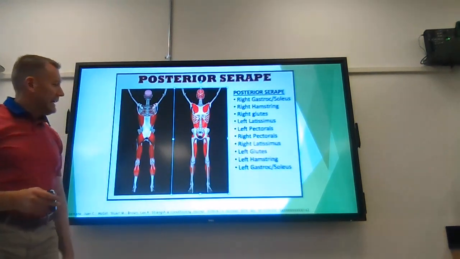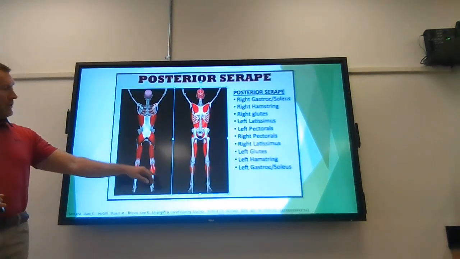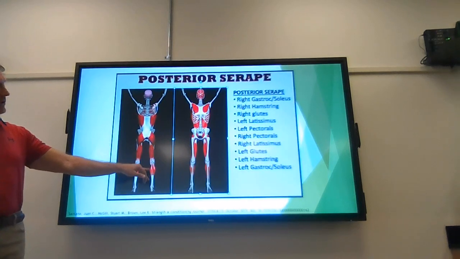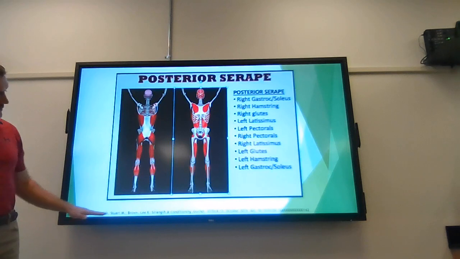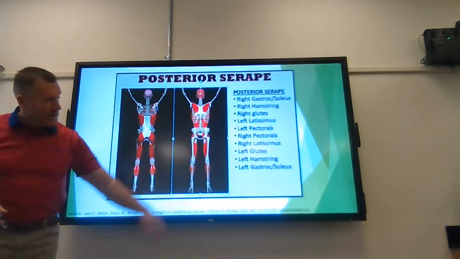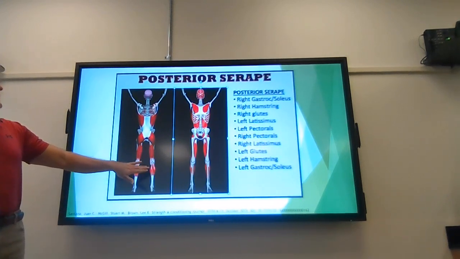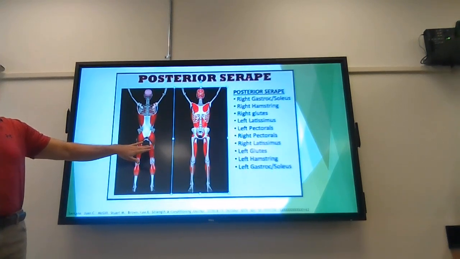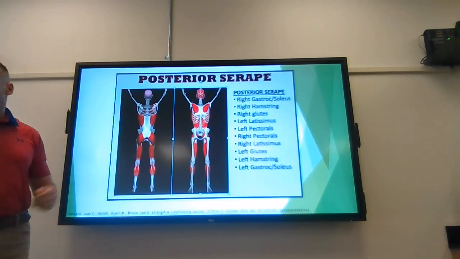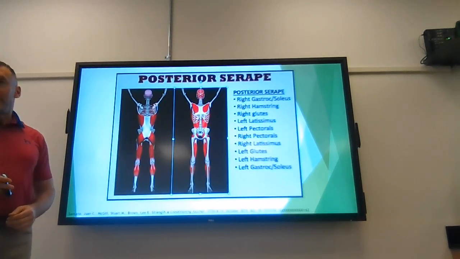So we're going to begin down here, the right gastrocnemius and soleus, right here. And so this all comes from this article from Santana in 2015. So right gastrocnemius soleus to the right hamstrings. Okay, so we're following this path of connection between muscles.